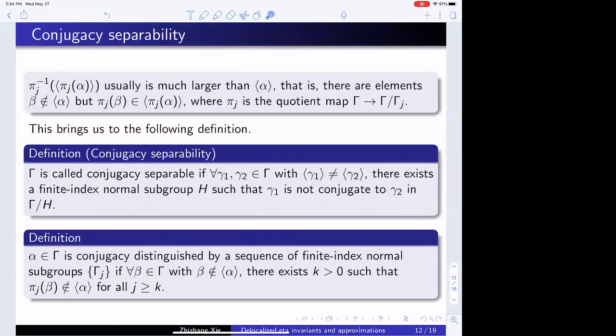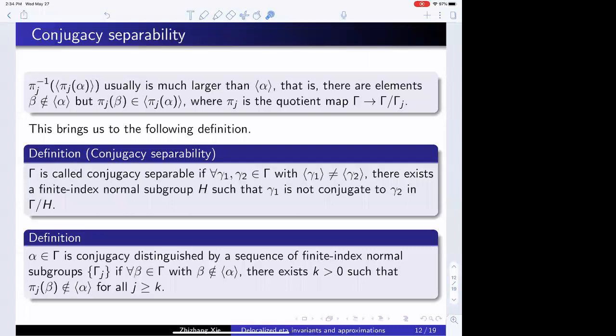The first is the so-called conjugacy separability. When you take a conjugacy class in gamma and push it downstairs to gamma mod gamma_j, you might obtain more elements.